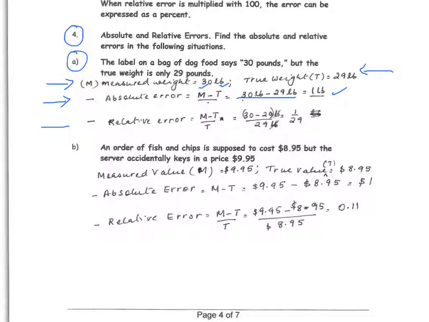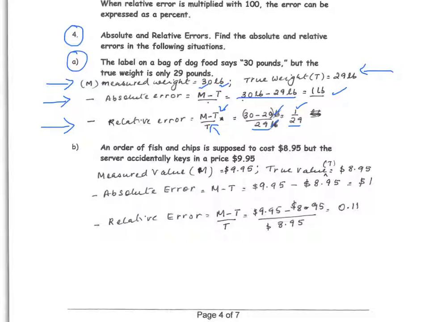Now the second step is measuring the relative error, which is equal to, using the formula, measured value minus the true value over the true value, because relative error is a comparison of the absolute error to the true value of the measurement. So 30 minus 29 by the formula, which is equal to 1 pound, divided by the true weight, which is 29 pounds. The pounds and the pounds get canceled, and the relative error is 1 over 29.